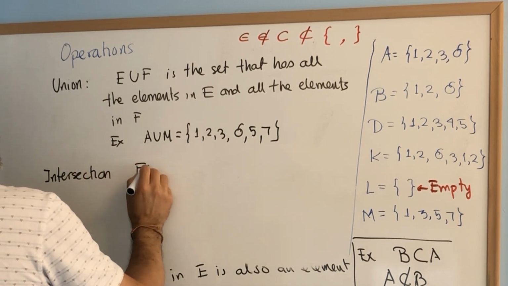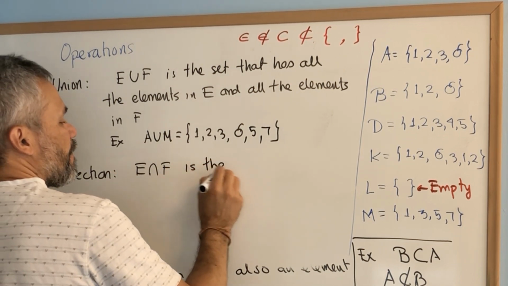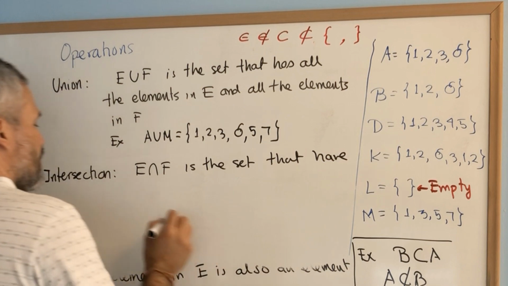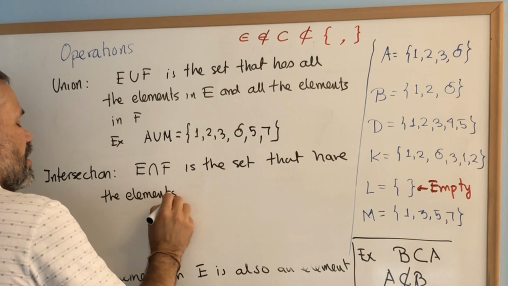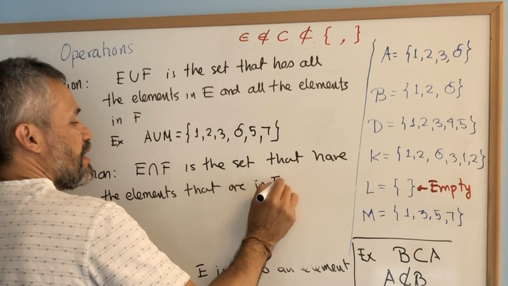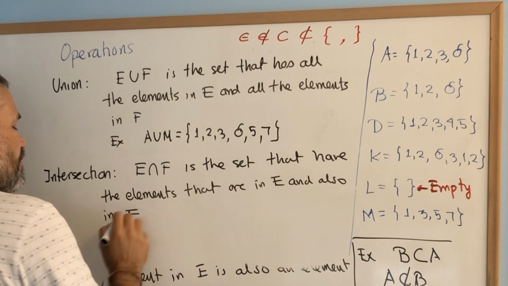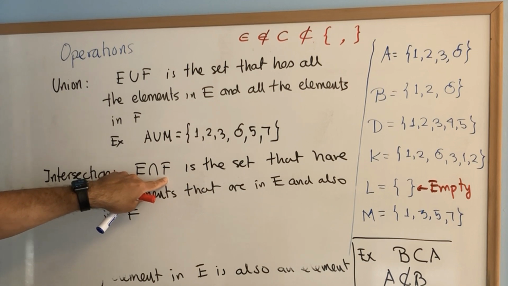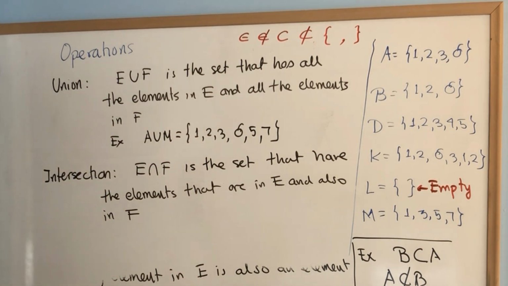And we denote that like this: E intersection with F, and this is the set that have the elements that are in E and also in F. Then in order to be part of this set E intersection with F, that element has to be in E and also it has to be an element in F.